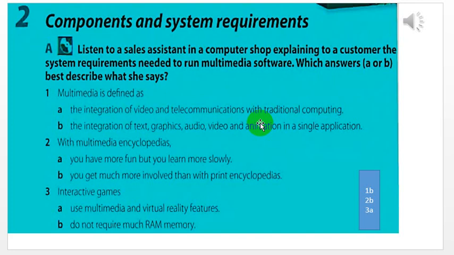Which answer, A or B, best describes what she says? Here are A and B. You can choose one. Please listen very carefully. At first you should do it by yourself. If you can't, here is the answer key.